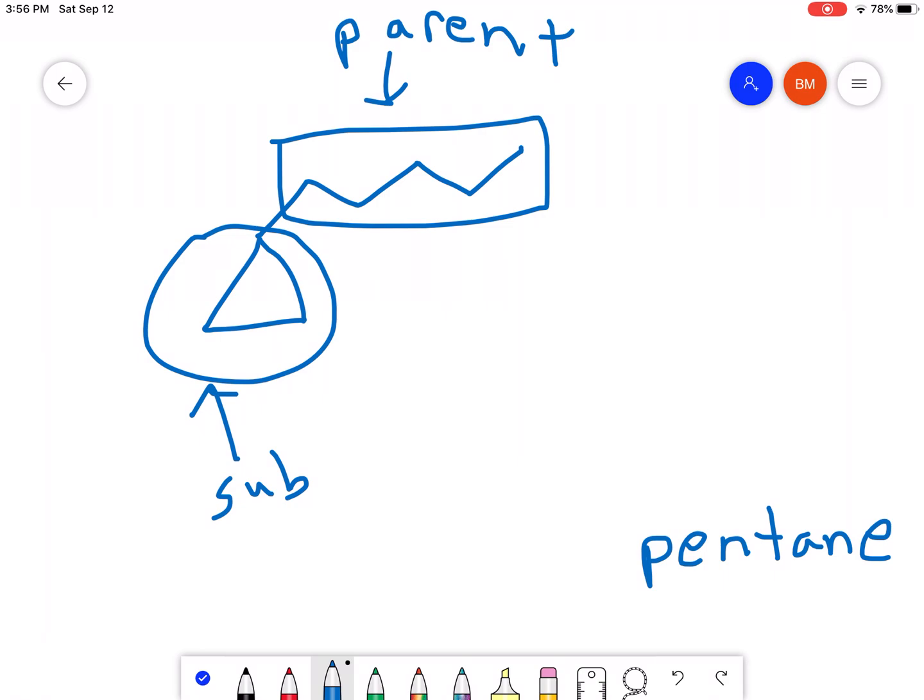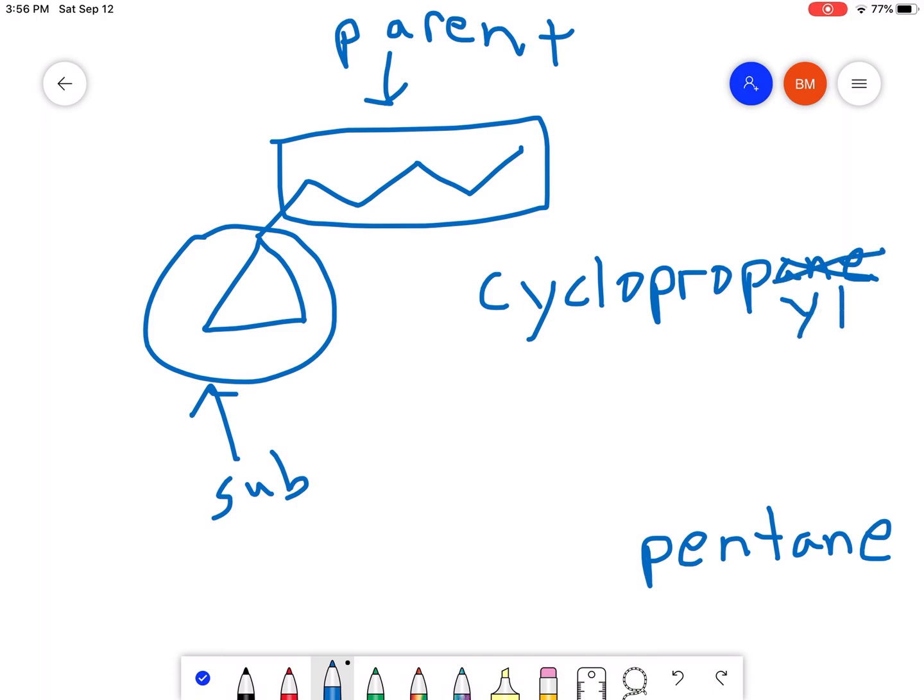How do we name cycloalkanes as substituents? Well, you basically follow the same rules that we did with others, right? You could take cyclopropane. What you do is you erase the A and E and you add YL. So to name a cyclic alkane as a substituent, you do the same thing as you would if it was acyclic.